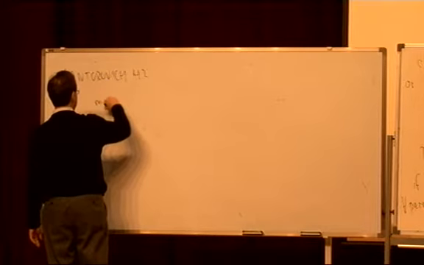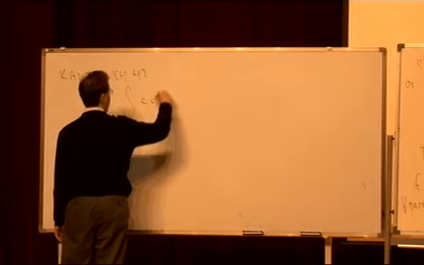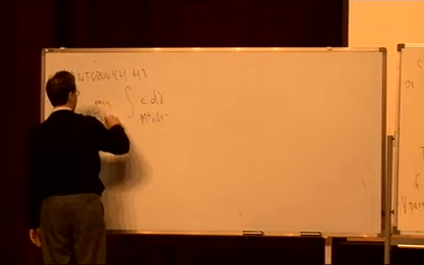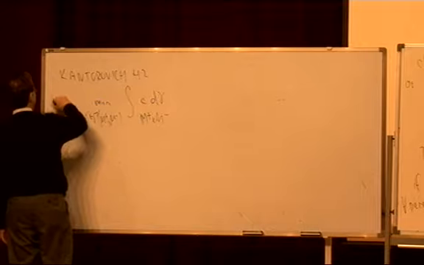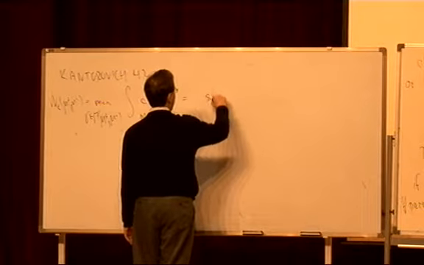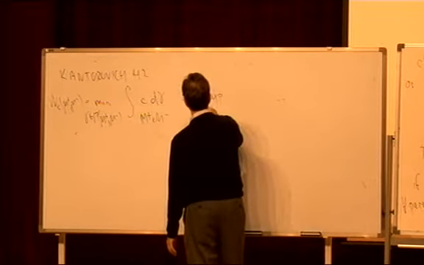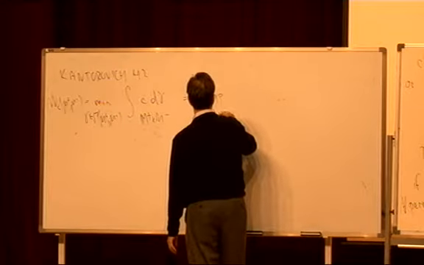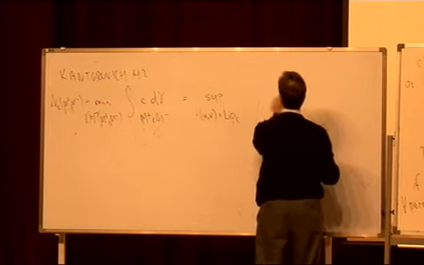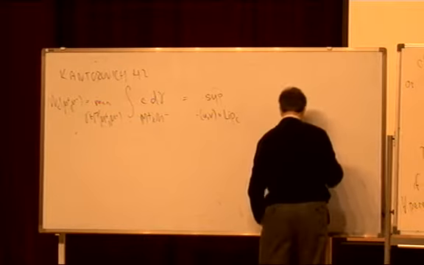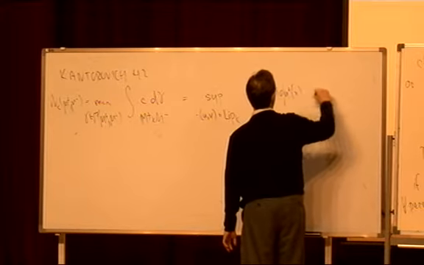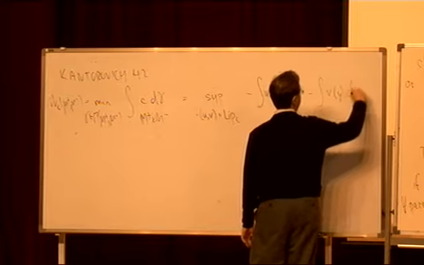Kantorovich showed that actually the minimum of the integral of the cost c d gamma on the product of m plus and m minus over all gamma, the value of this minimum, the thing we called W the other day, is also given by some maximum, or at least a supremum, and it's the supremum over pairs of functions u and v in a set I'm going to call Lip C, of the integral of u against mu plus and the integral of v against mu minus, rather.